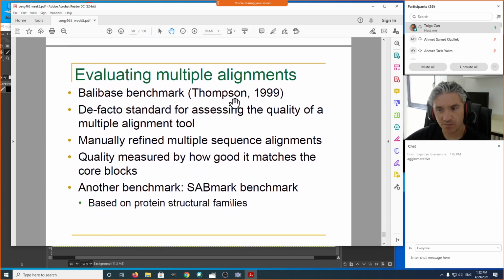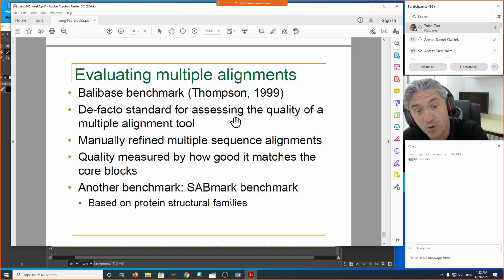And yeah, we actually went over the different benchmarks. The BAliBASE benchmark, we have seen how different the sequences are, and they are constructed manually by using structural similarities, as structure is more conserved than sequence. And it's been more than 20 years since the BAliBASE benchmark was first introduced.